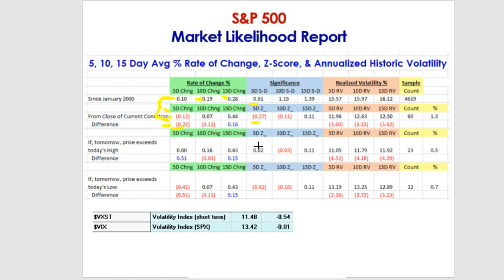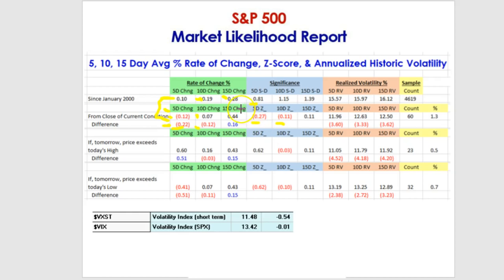Is that significant? Well, let's look at the others. The 2-week, 10-day rate of change is 0.07 to the upside, less than 0.19, about 0.12 to the downside. That's a z-score of 0.11 to the downside. Nothing to write home about.